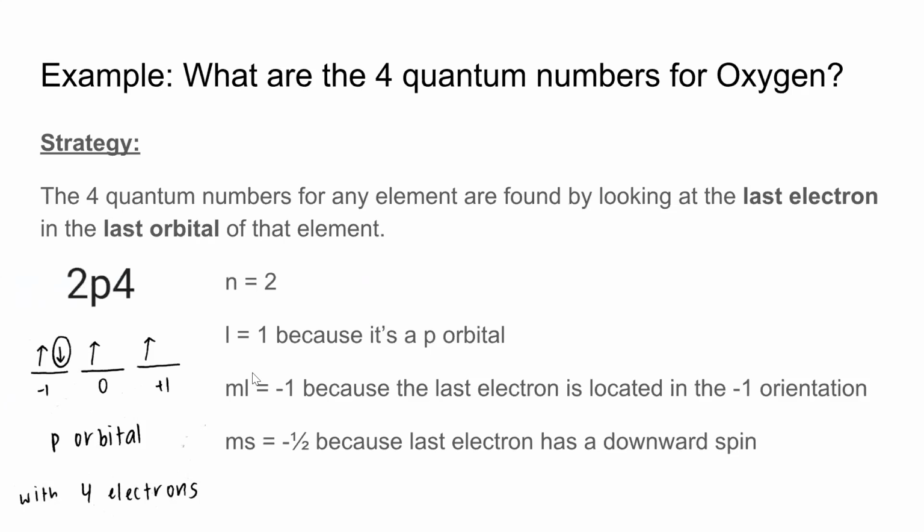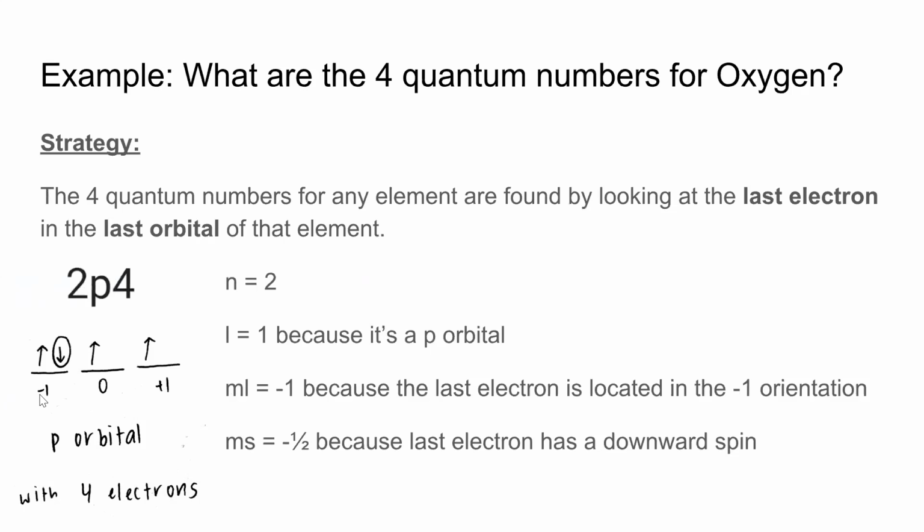How we find out if it's an s or p orbital is by looking at the letter itself. In an s orbital, l is equal to 0, but in a p orbital, l is equal to 1. In this case, l is equal to 1, which is this p orbital right here. So that's our second quantum number.